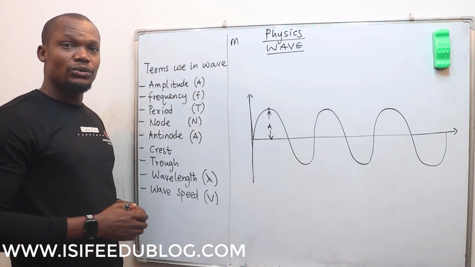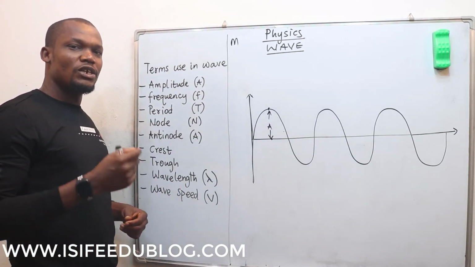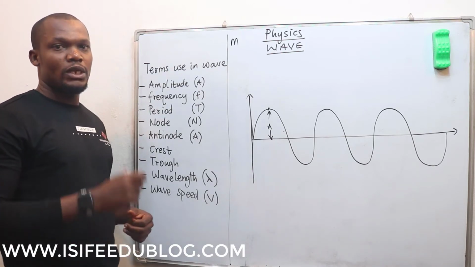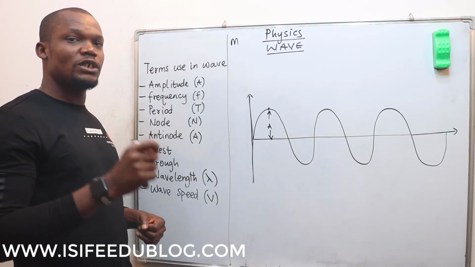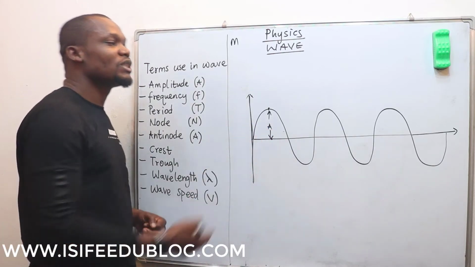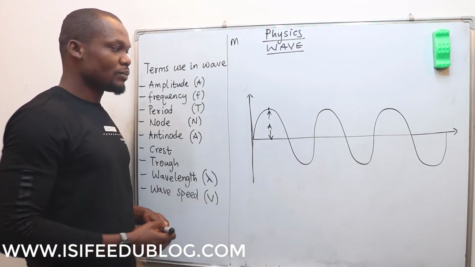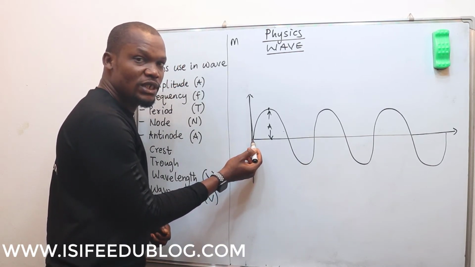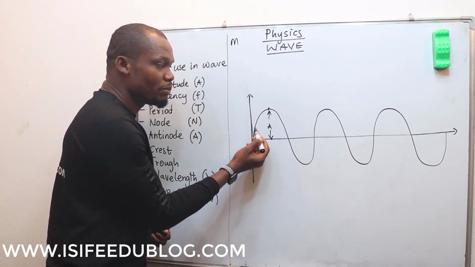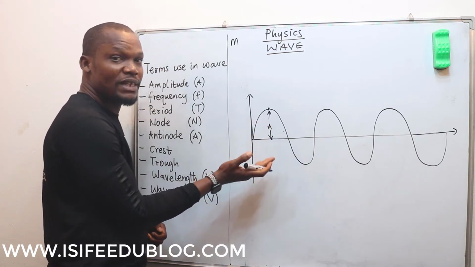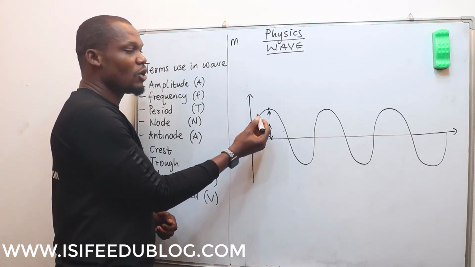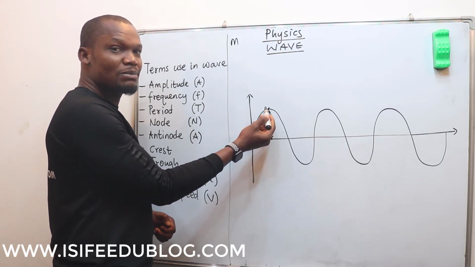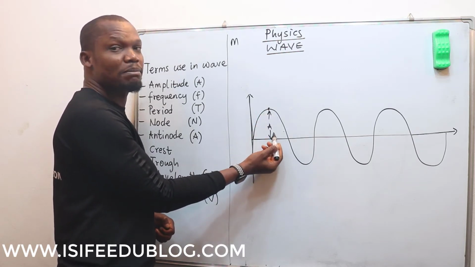Now, the node. What is node? Node is the point of zero displacement of wave. Let us see the nodes in this diagram. Remember, this wave starts from this point, which is the origin, goes up, and as it goes up, the vertical displacement increases until it gets to a certain point, which gives us the maximum vertical displacement, and we call it amplitude.